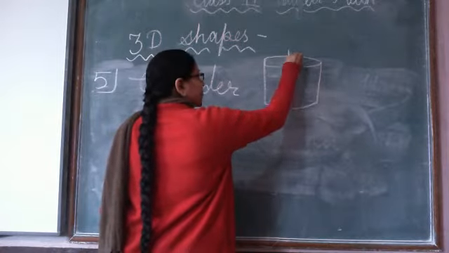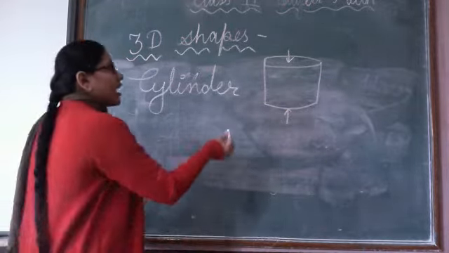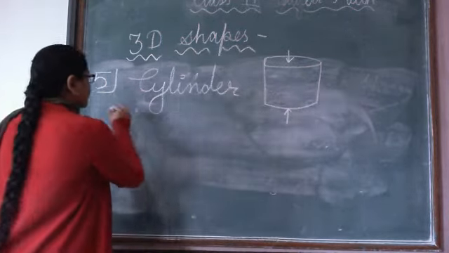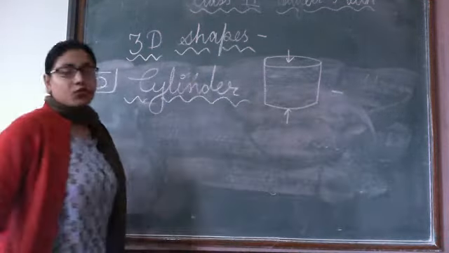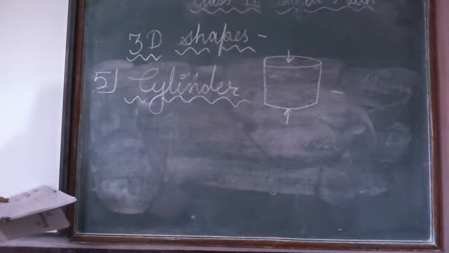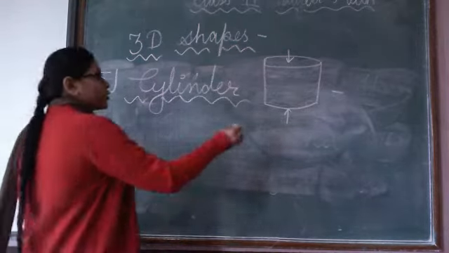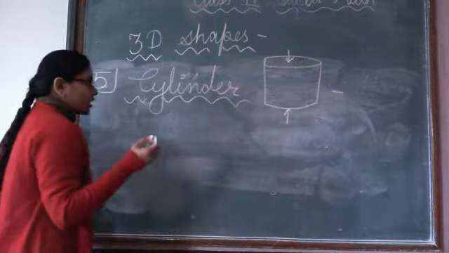This one and the bottom. These two are the flat surfaces of cylinder and this is the curved surface of cylinder. So we will write that a cylinder is having one curved surface and two flat surfaces which are equal.